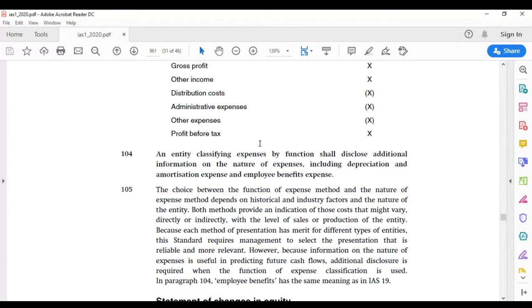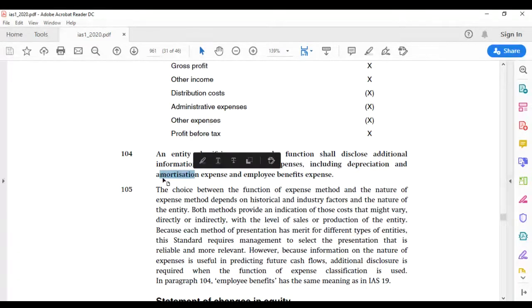In other words, if you are going to use the function method and you are allocating your expenses to cost functions, then you shall disclose additional information on the nature of expenses. And then they mention a few examples such as depreciation, because that is seen as a material item, perhaps not in amount, but in nature.